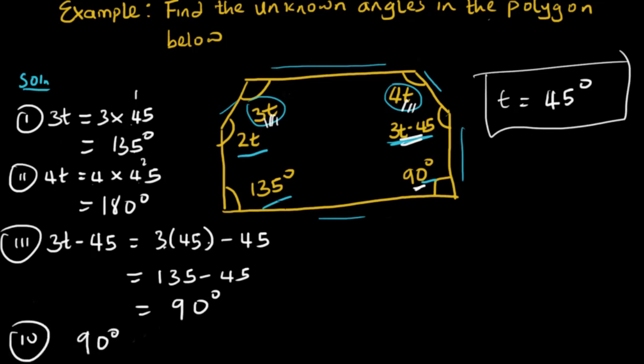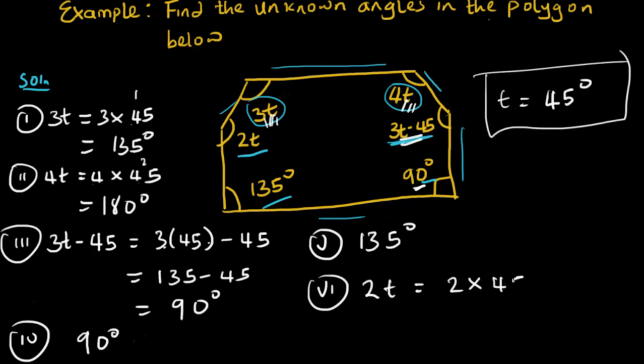The fifth angle is 135 degrees. The sixth angle is 2t, which equals 2 times 45, which also gives us 90 degrees. So these are the 6 angles: 135, 180, 90, 90, 135, 90. Now if you add all these up, you should get 720 degrees. If that's not the answer, then we are wrong.